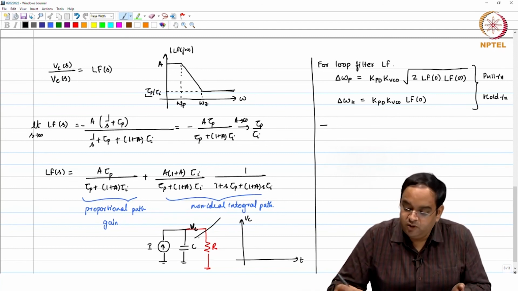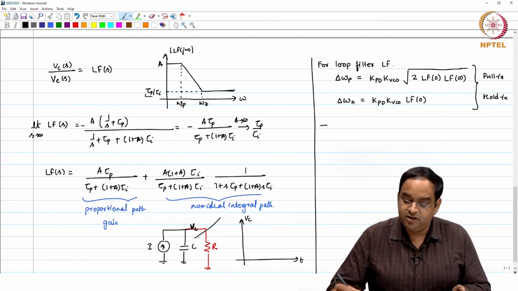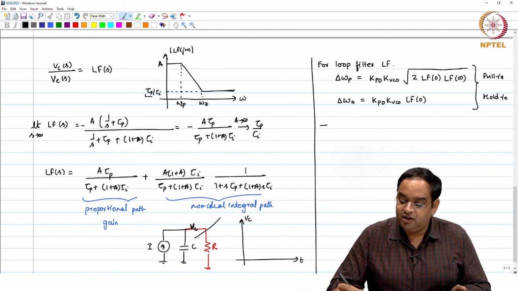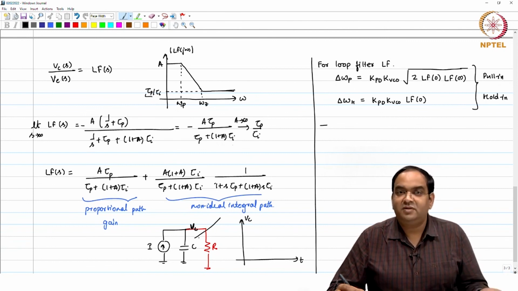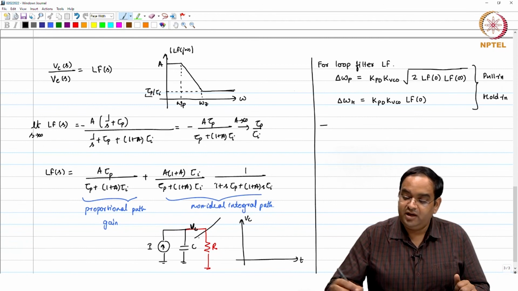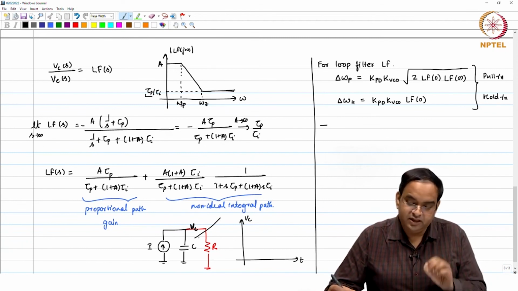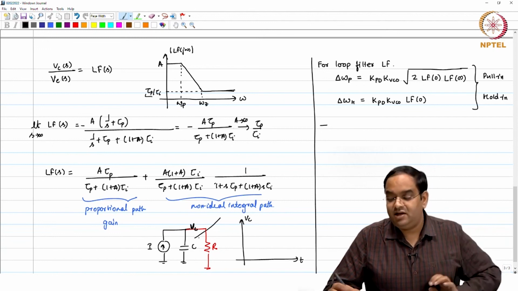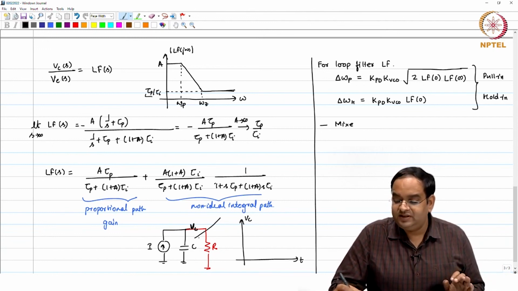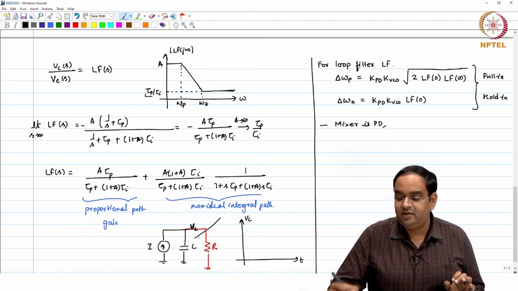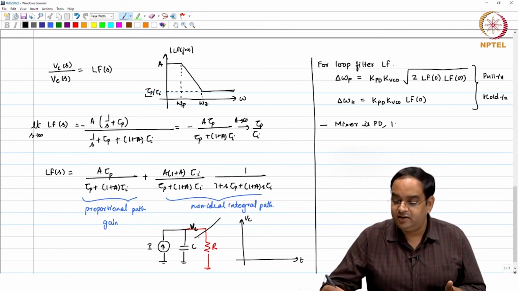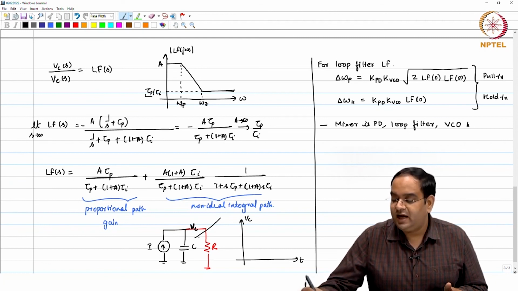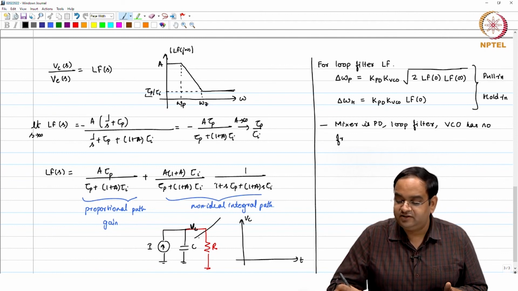So, this pull-in range, hold-in range and lock-in range all depend on our analysis, where we make some assumptions to simplify it. Also, these particular limits are specific to the PLL which we are considering, where the mixer is the phase detector, the loop filter is whatever transfer function it implements, we have that specific loop filter which we are using, and the VCO has no frequency limits.